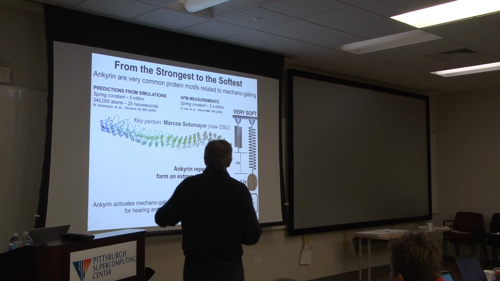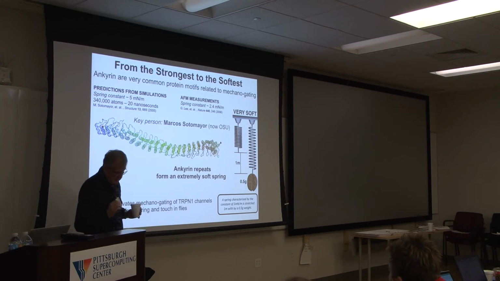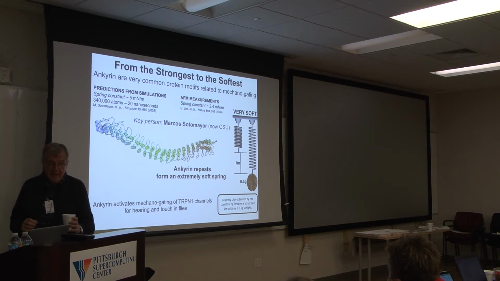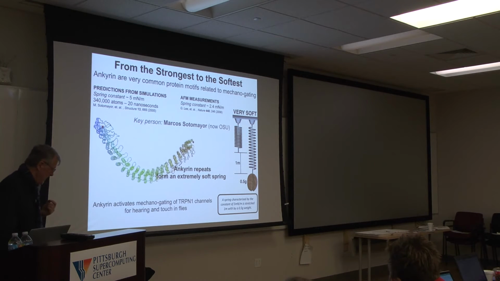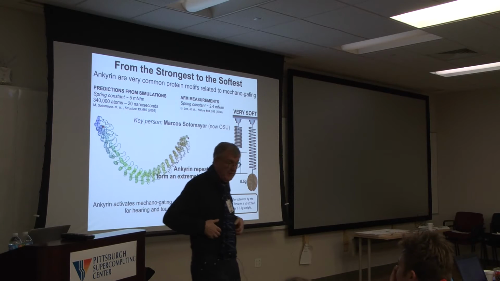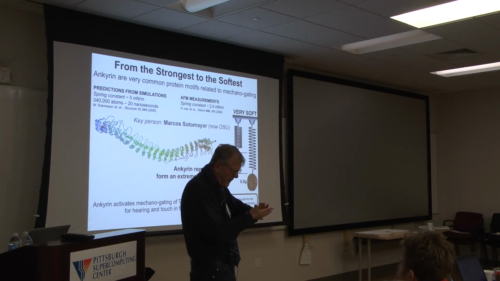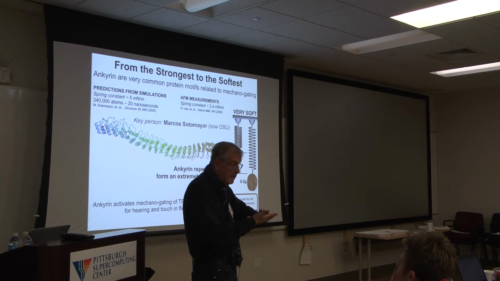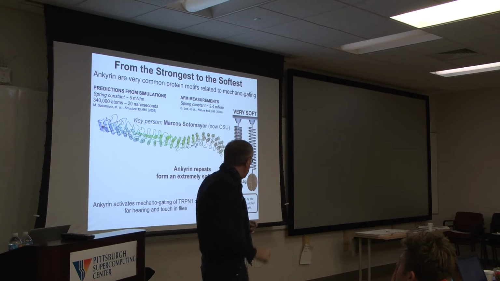And so there was this protein ankyrin that was suspected to be involved in tactile sensors, for example, on the skin of fishes or in our muscles, sensors that can measure mechanical stress, for example also in our ears, where we have vibrations.